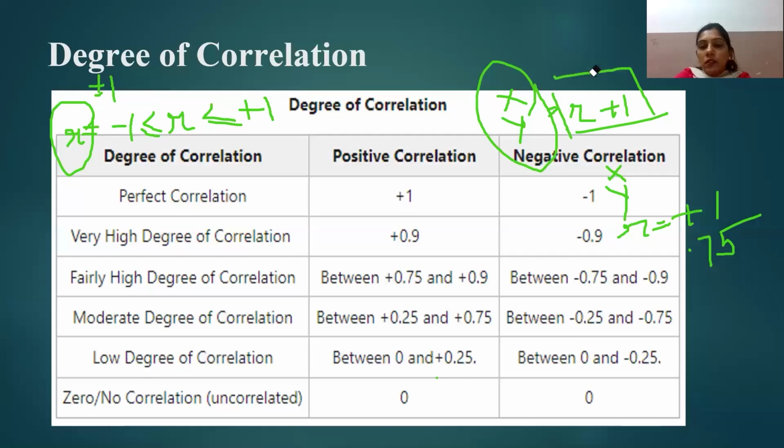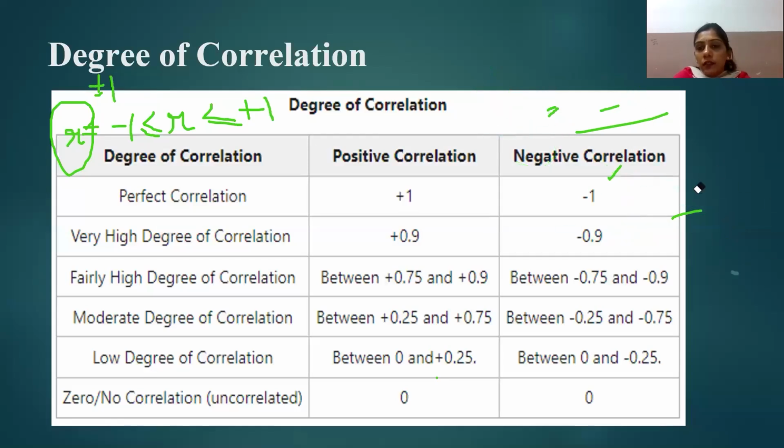And next, let's understand when we are doing the analysis of correlation. Again we are studying two variables x and y. If x and y have a strong negative linear correlation, the value of r is close to minus 1.